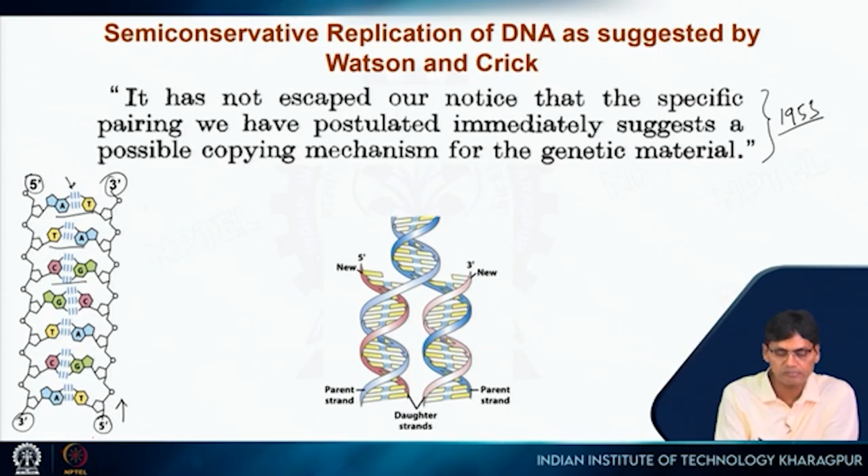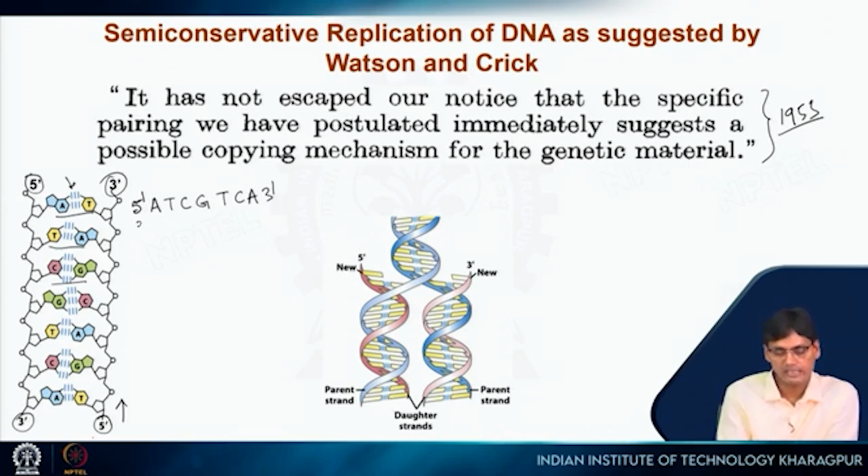So this DNA, if I write it this way, is 5 prime A, T, C, G, T, C, A, 3 prime, exactly as mentioned here on the left-hand side.